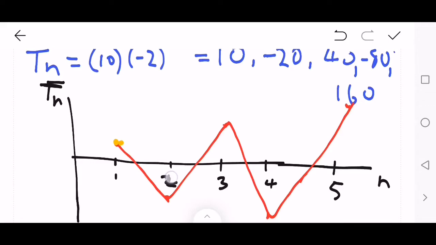The next is positive 1 over 25, and the other one is negative 1 over 125. And our last one is 1 over 625, somewhere there. So let us join these as well.